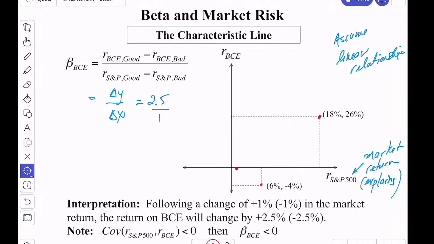And it explains, and that's how I've interpreted it, if there's a change of 1% in the market returns, then there's a 2.5% change in BCE returns. And that sounds great when things are good, but it's risky because when things are bad and the market is in a downturn with returns of negative 1%, BCE returns are down negative 2.5%.